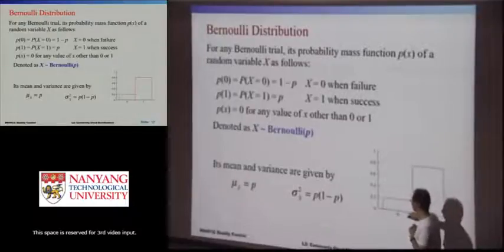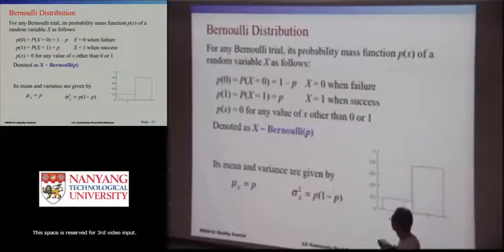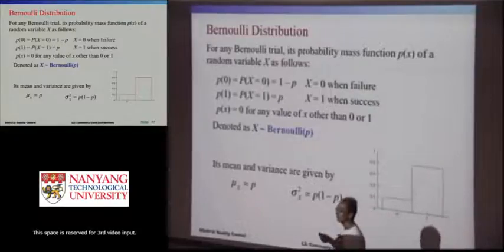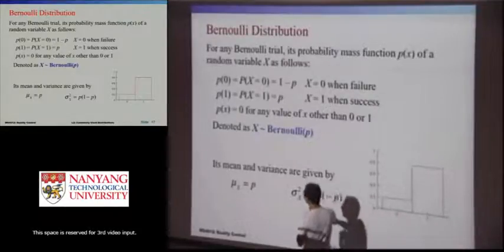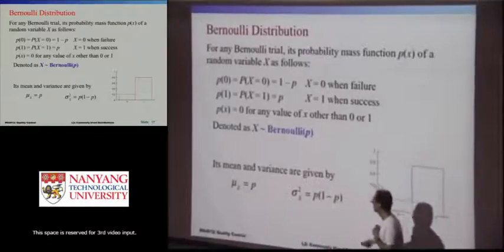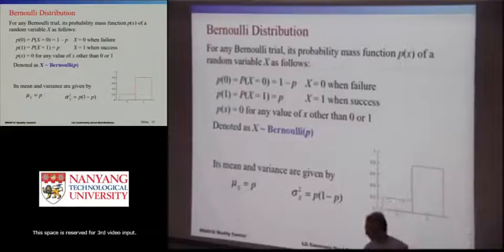The width is 1, the height is its value. This is its probability density function, and this is a discrete random variable. Based on the formula sheet on page 3 in lecture 1, we can calculate its average and variance. The average is p, the variance is p times 1 minus p.